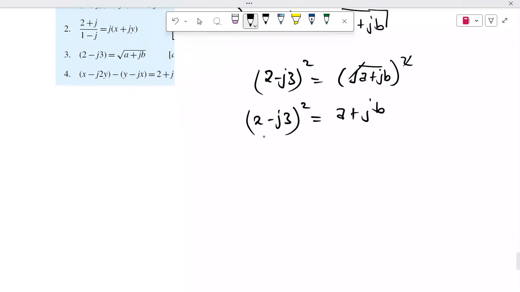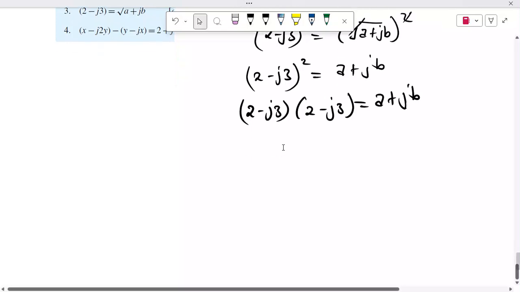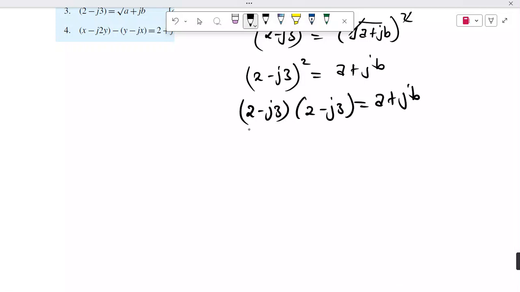It has become simple. This is the same as 2 minus j3 times 2 minus j3 equals a plus jb. Now we can do distribution. 2 multiplied by everything here, minus j3 multiplied by everything here.